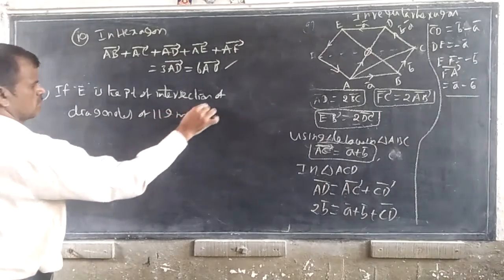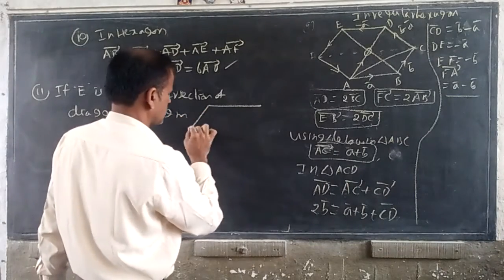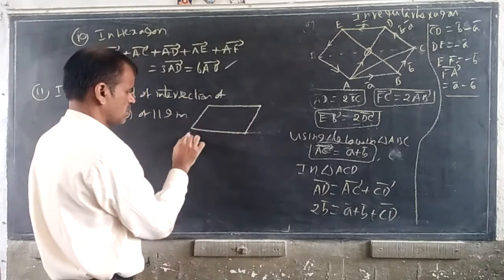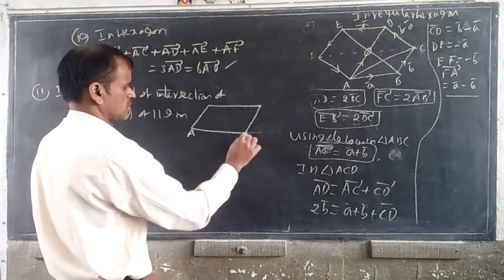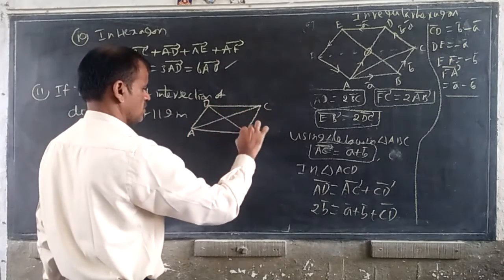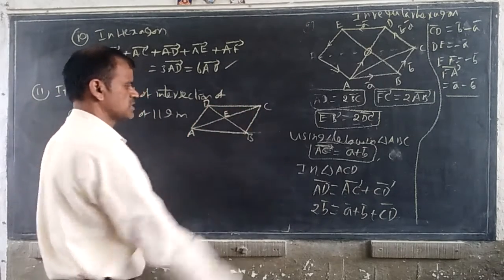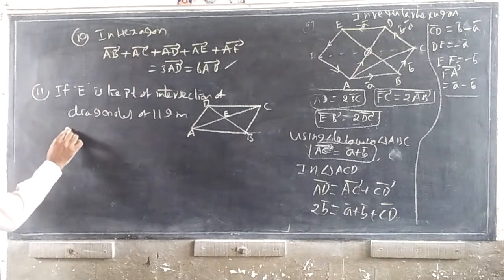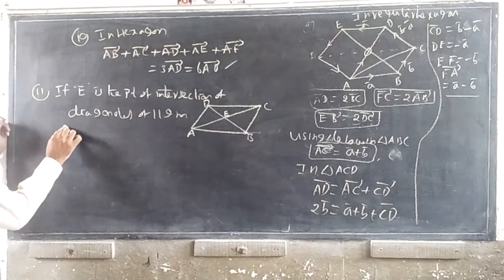Parallelogram A, B, C, D. This is E. Now what is OE?